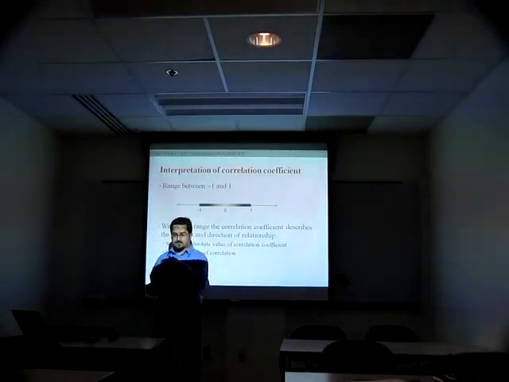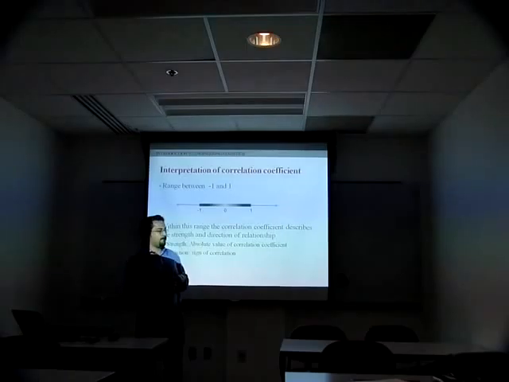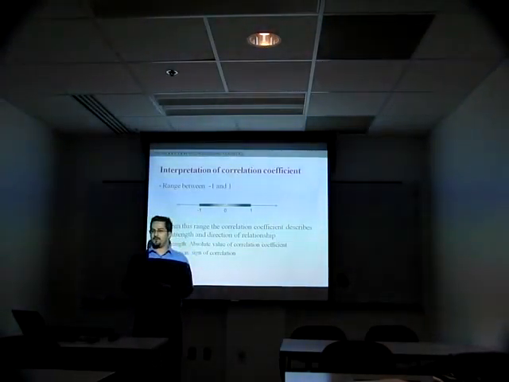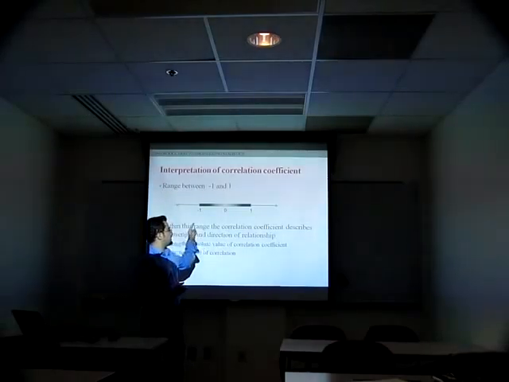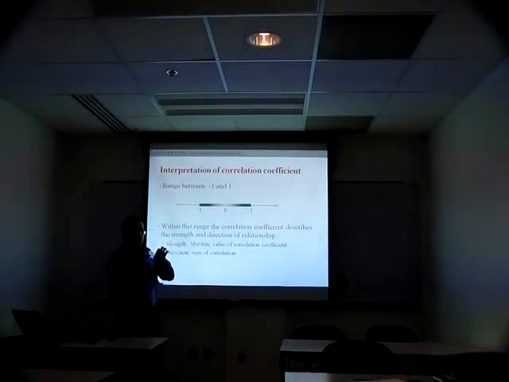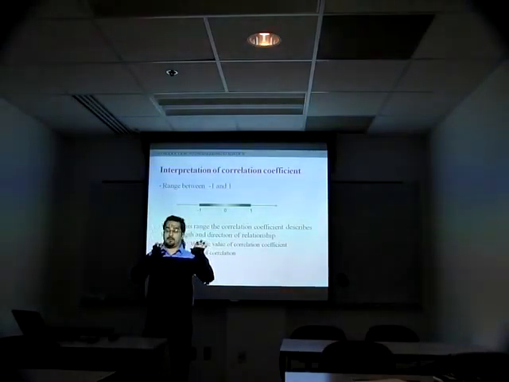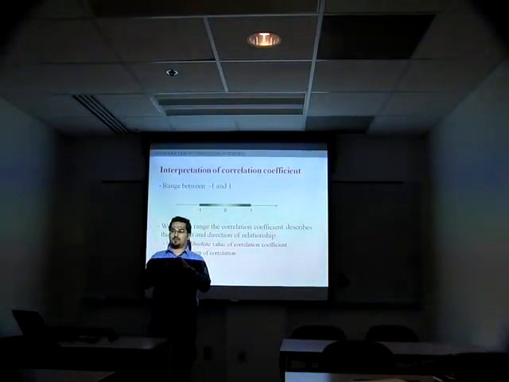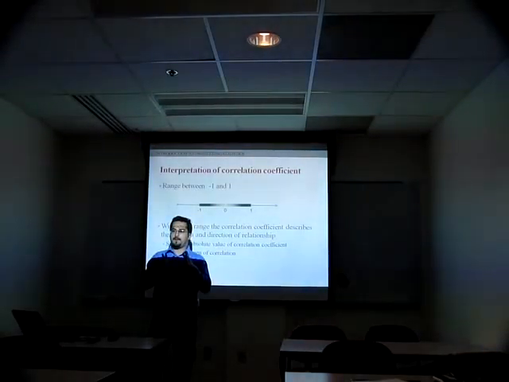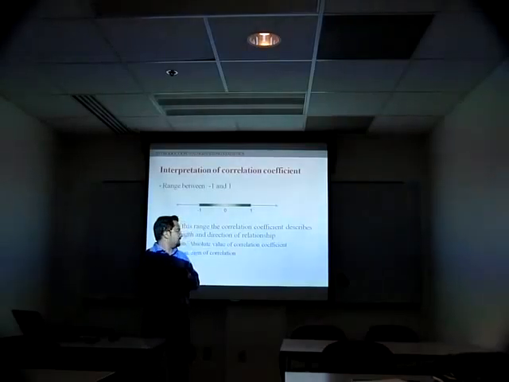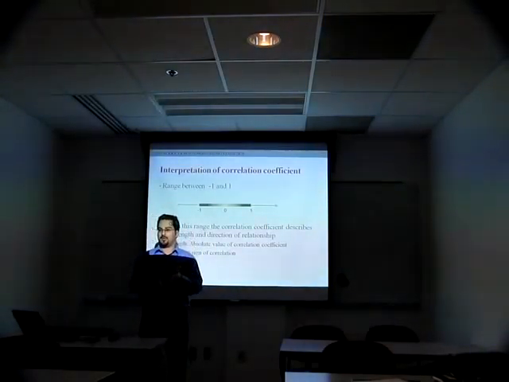So as you see in this axis, we could interpret the magnitude and the direction of the correlation coefficient based on its value. Within this range, the absolute value of this coefficient shows the magnitude or strength of correlation, and its sign shows the direction of that.